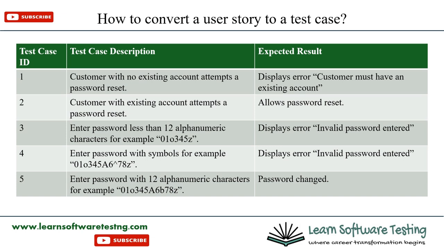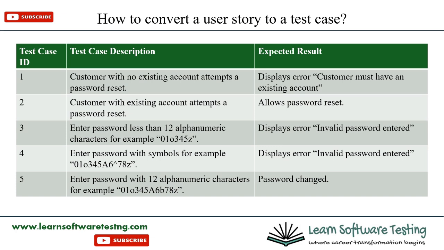So the second test case, ID 2, is a customer with an existing account attempts a password reset. This is an example of a positive test. Okay, in this instance, the expected result would be that it allows the password reset as expected, because it passes the acceptance criteria. The third test case ID is customer enters a password with less than 12 alphanumeric characters, for example 010345Z.